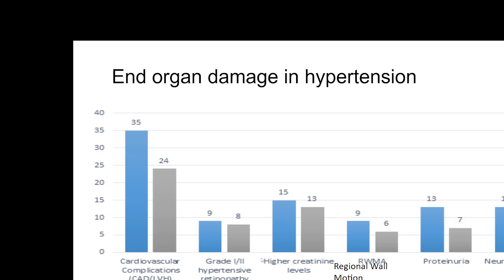The other point is that hypertension can result in damage to other vital organs, and this is one of the major complications. It's not only cardiac pathology; it can produce other complications also.